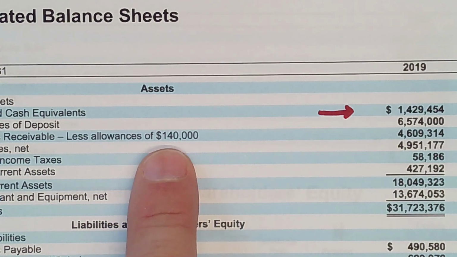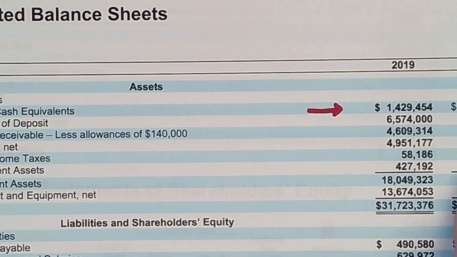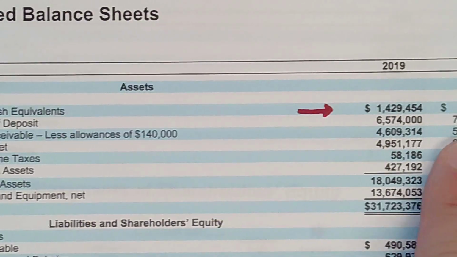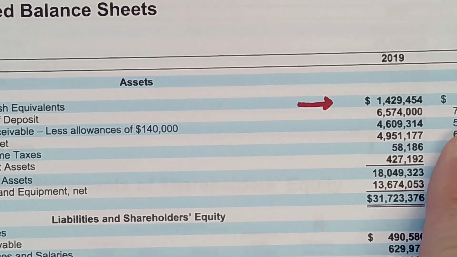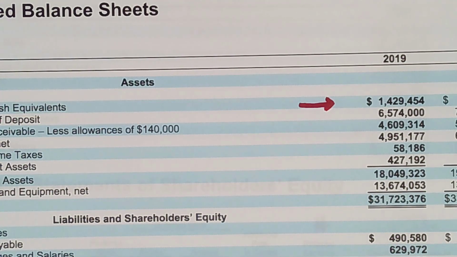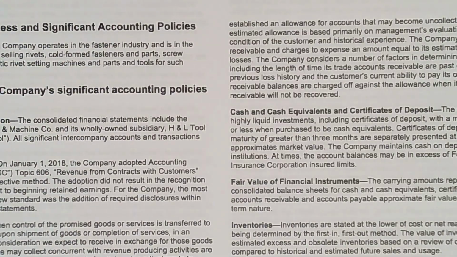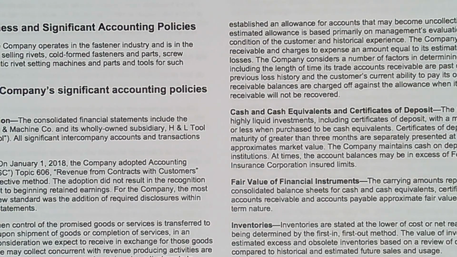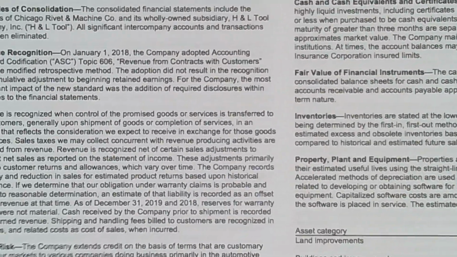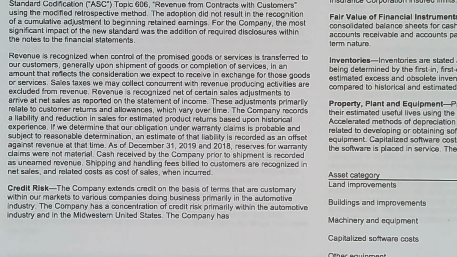As of 2019 and 2018, out of that 4.6 million, or 5.5 million last year, they only thought that 140,000 might not be collected. Based on what's happened this year, and if we looked at their financial statements for 2020, my expectation is that their credit risk has increased and they likely would have a higher reserve for customers that may not pay them back.